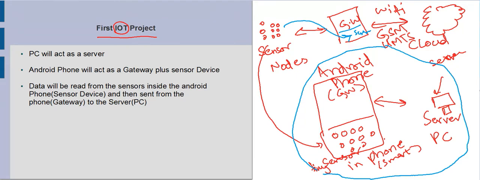So we are going to read the value from the sensor devices from the Android app, store it somewhere, and then send it. We can use Wi-Fi or GSM or UMTS, whatever, but in simple terms we are going to send it to the server, which is going to be our cloud. We don't need to have a web application here in the server.